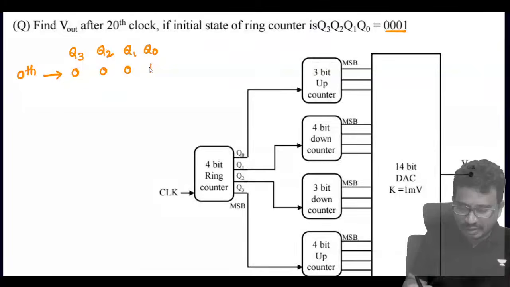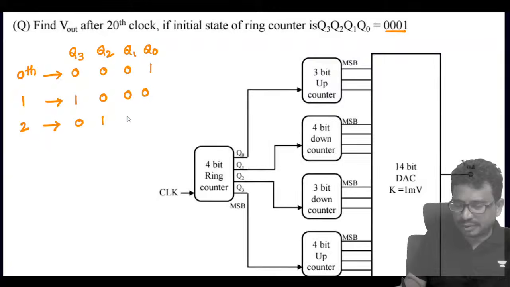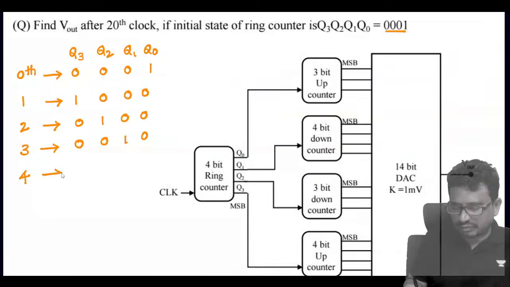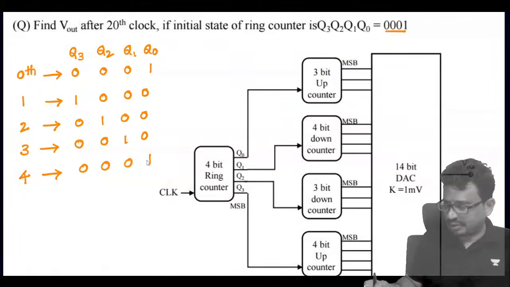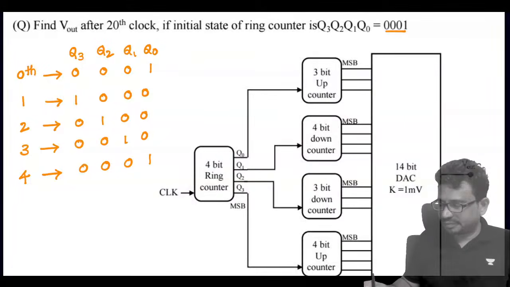Next, first clock, what happens? You tell me now. 1, 0, 0, 0. Second clock, what happens? 0, 1, 0, 0. And the third clock becomes 0, 0, 1, 0. And the fourth clock becomes 0, 0, 0, 1. Is this clear now?